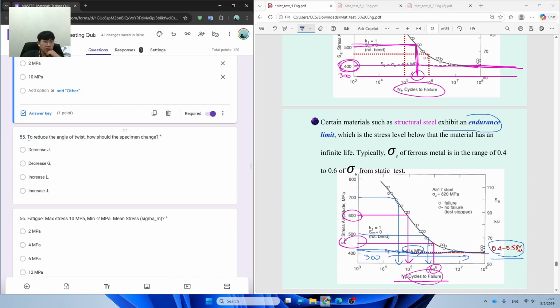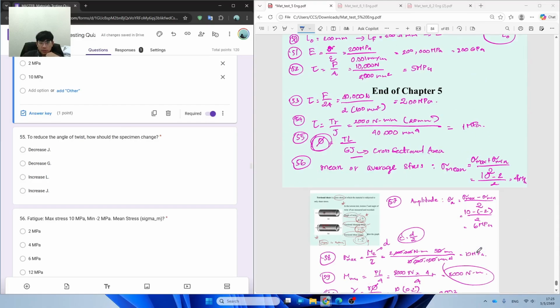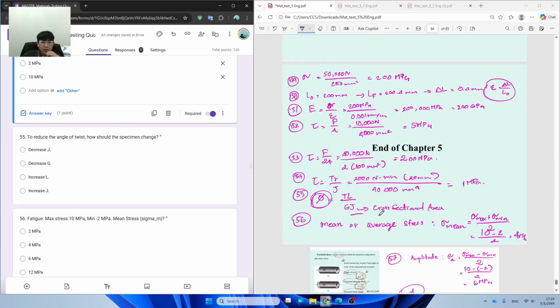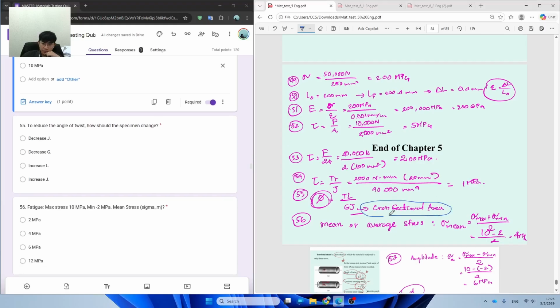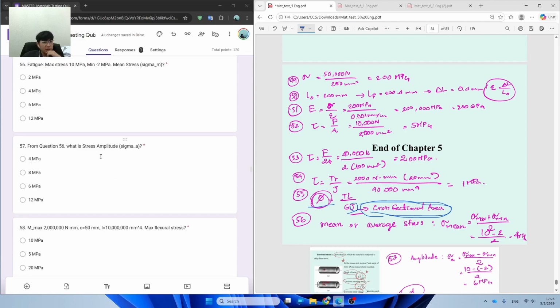And in order to reduce the angle of twist, we can just increase the cross-sectional area in order to increase the polar moment of inertia, and then the angle of twist is going to reduce.